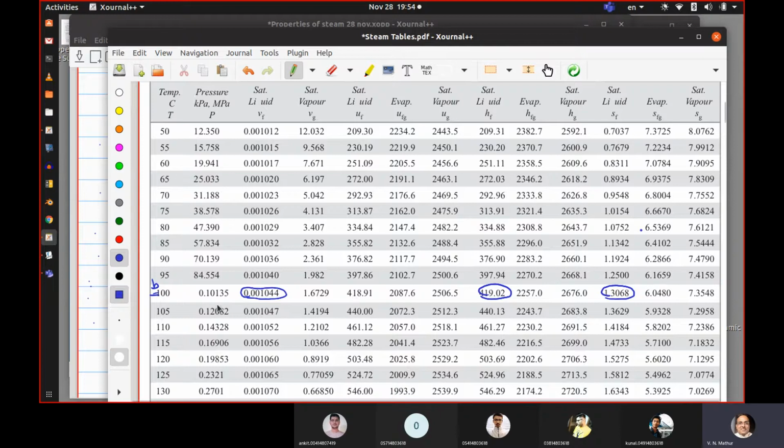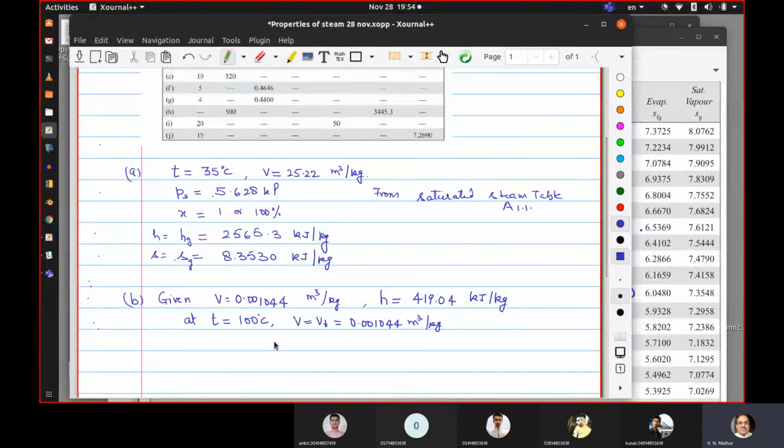It's atmospheric pressure, no? 101.3 kilopascal is 101.325 kilopascal. So the pressure is 101.325 kilopascal.